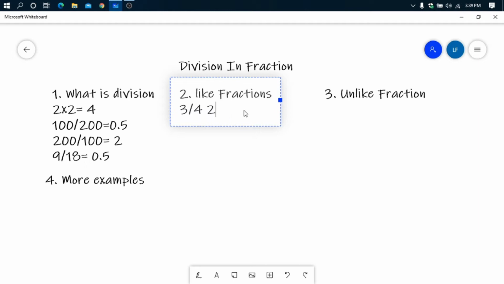So how are we going to divide 3 by 4 divided by 2 by 4? Well, there is a way to do it, guys.